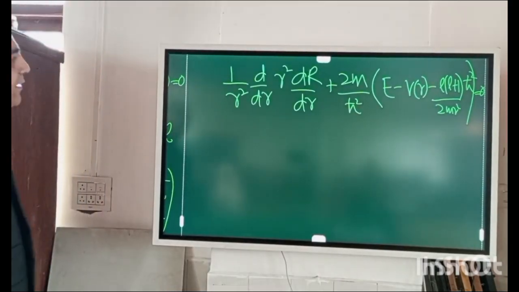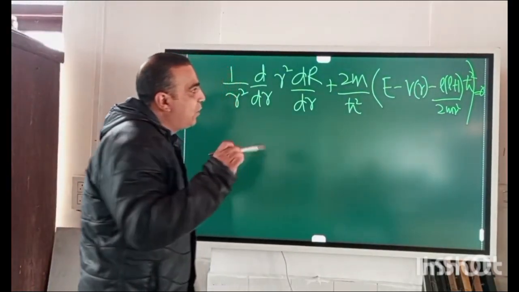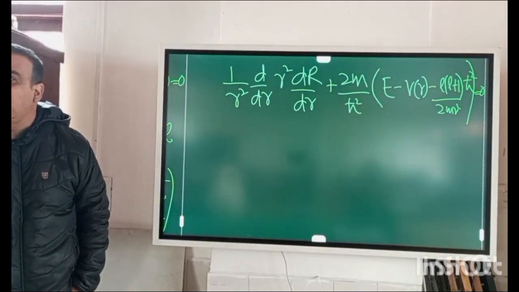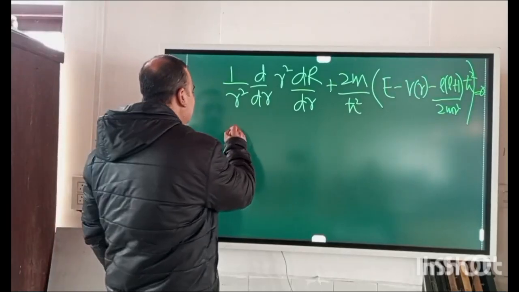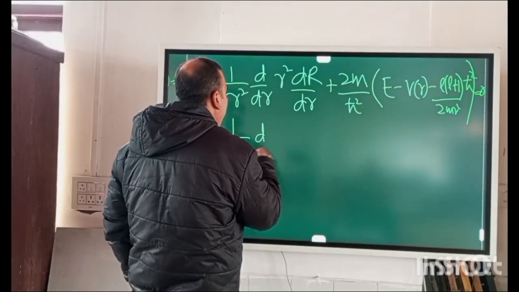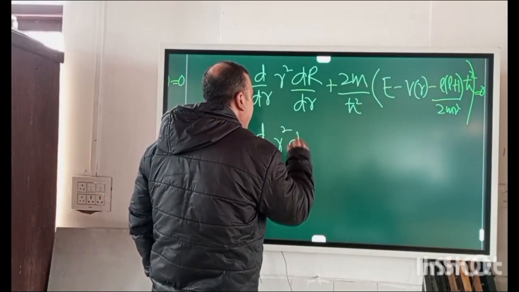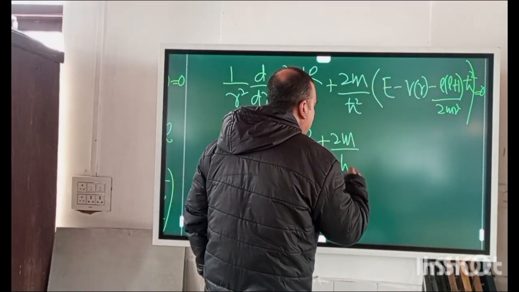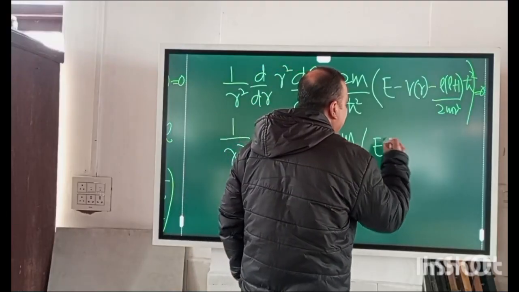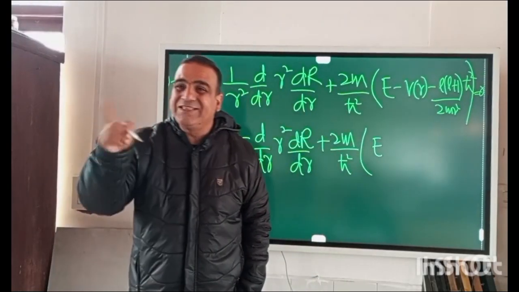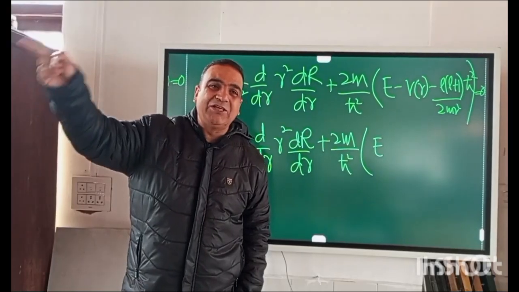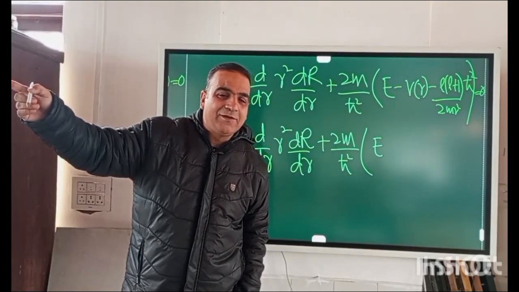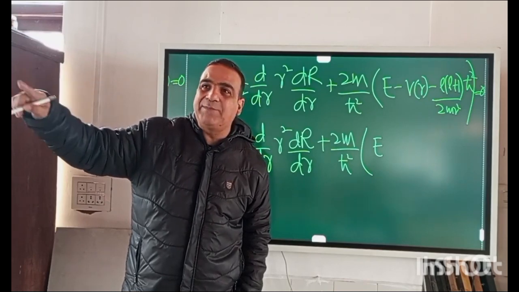Now, I have already talked about the potential energy between this electron and the proton. So I can write down another step: 1 by r square d by dr of r square dR by dr plus 2m by h bar square times E minus. But what is the potential energy between electron and proton? Is it positive or negative? It is Q1 Q2 by 4 pi epsilon naught r.